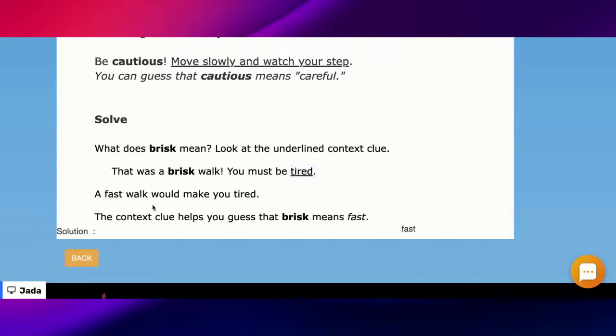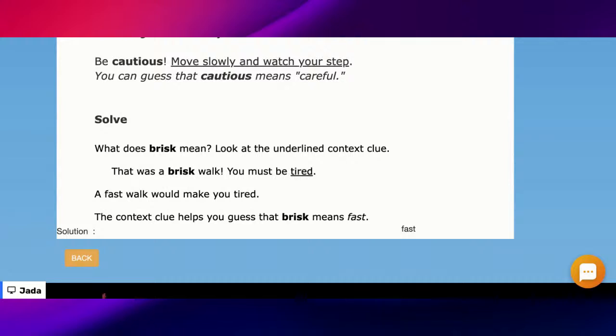Now, a fast walk would make you tired. So, if you say that was a brick's walk, because it's already telling you that the result is the person being tired, you know that bricks means you were walking too fast and now you're tired. So if it's bricks, you know that it is fast.